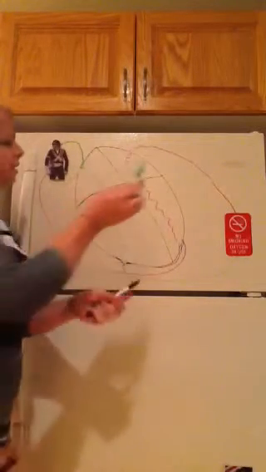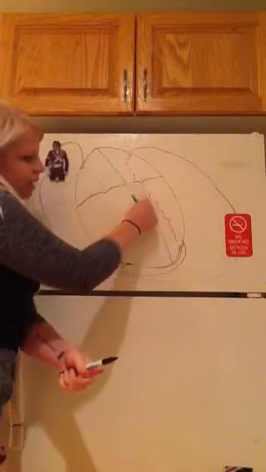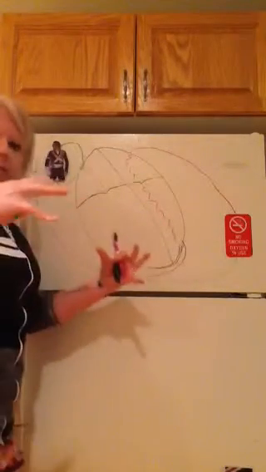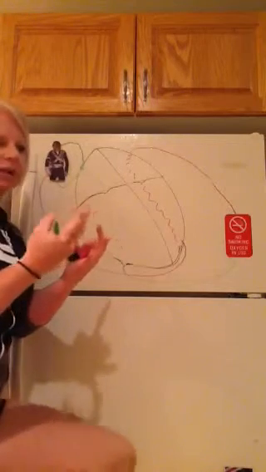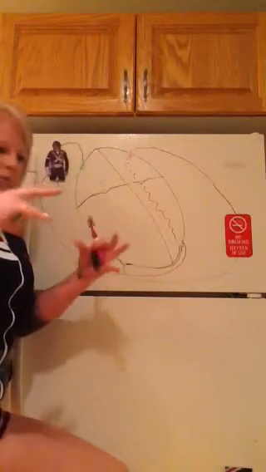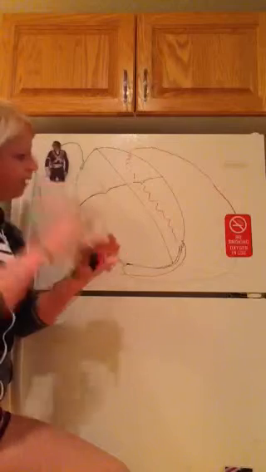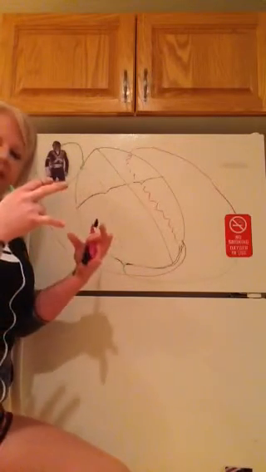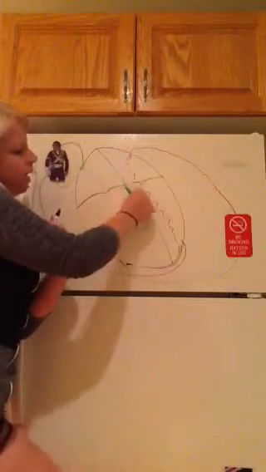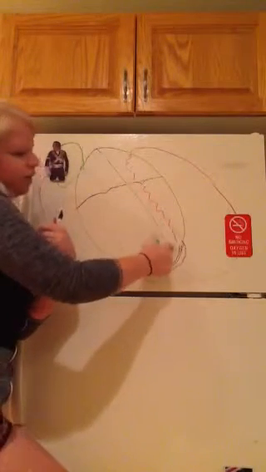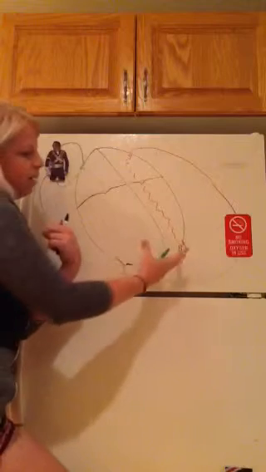And then we have the left and right bundle branches that carry the stimulus, so it makes the whole heart pump at the same time, just like a telephone wire. All of the information has to get to the heart through these telephone wires. So we have the right and left bundle branches that go down to the Purkinje fibers that are on the bottom.